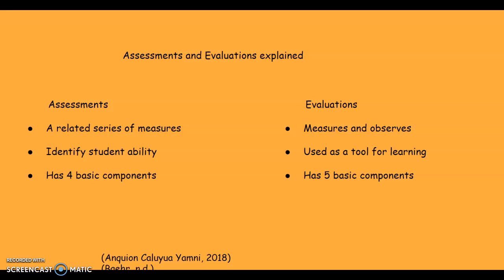Now let's look at evaluation. Evaluation measures or observes the process to judge or determine the value by comparing it to others or some kind of standard process. Evaluations imply a critique of effectiveness and is used as a tool for learning.